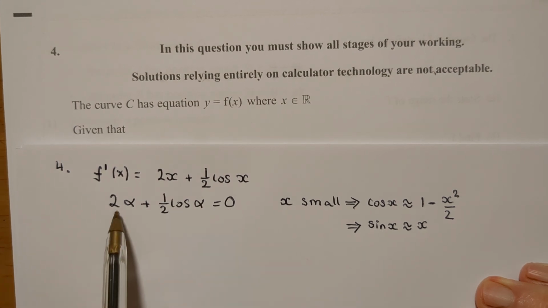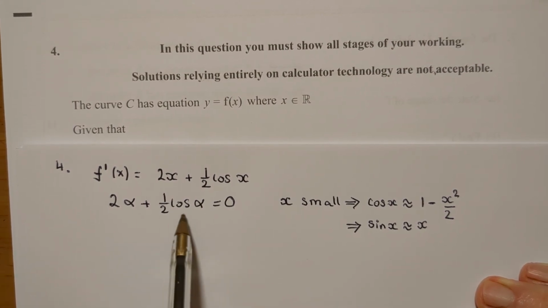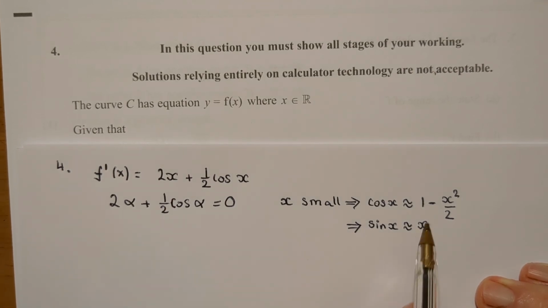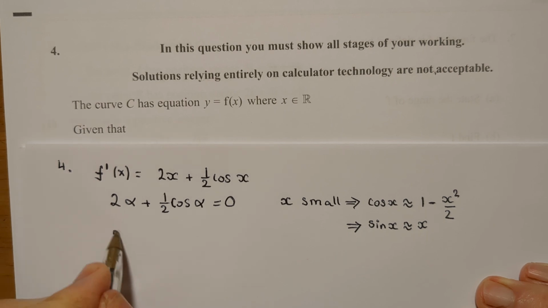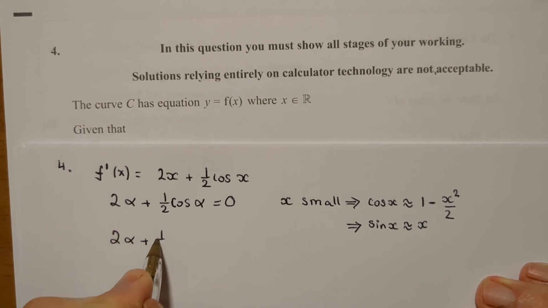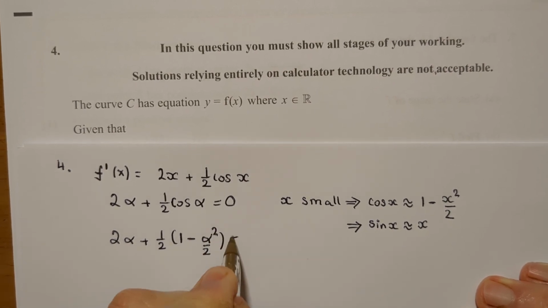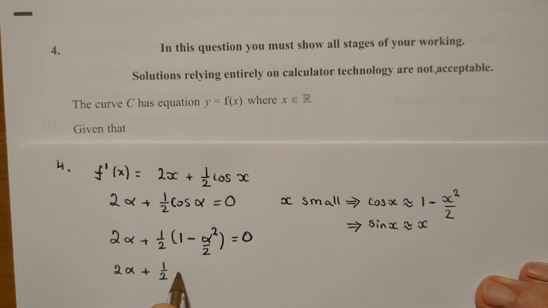Anyway, to get back to the question, we can replace cosine of alpha with 1 minus alpha squared over 2. So 2 alpha plus a half of 1 minus alpha squared over 2 equals 0. Therefore 2 alpha plus a half minus alpha squared over 4 equals 0.